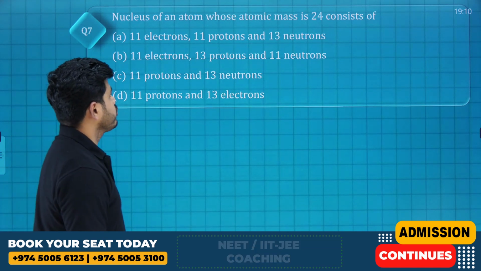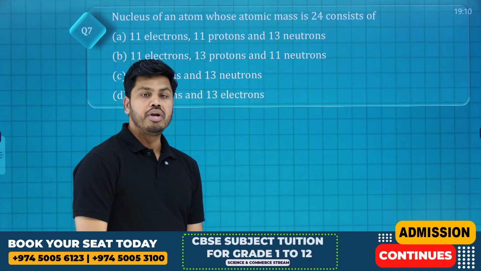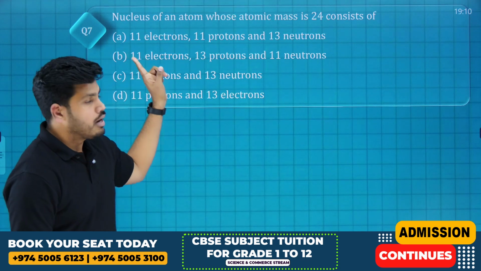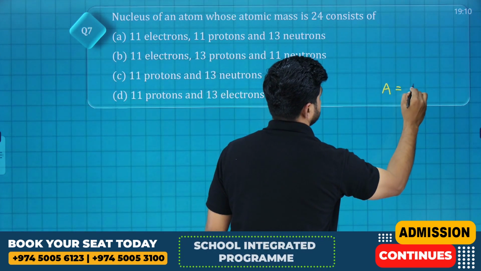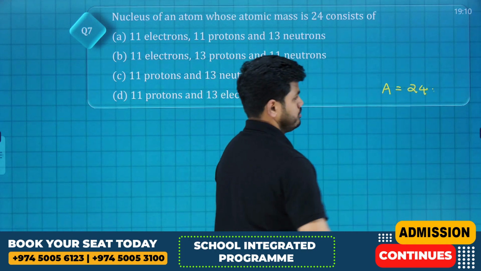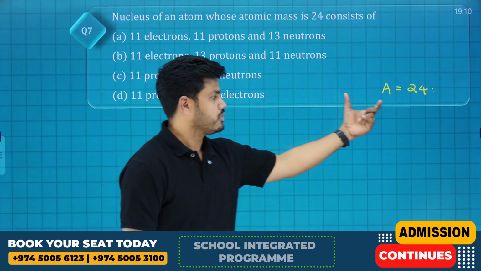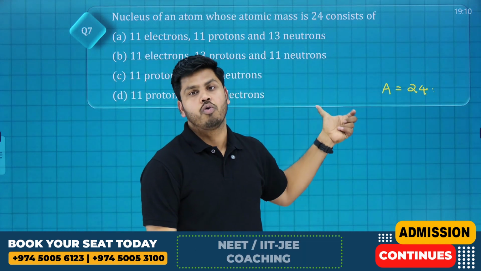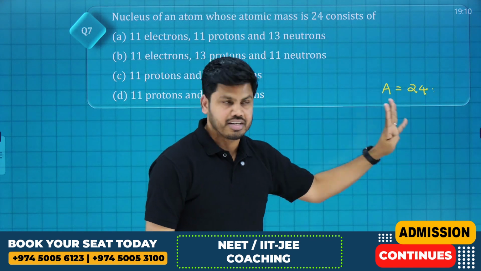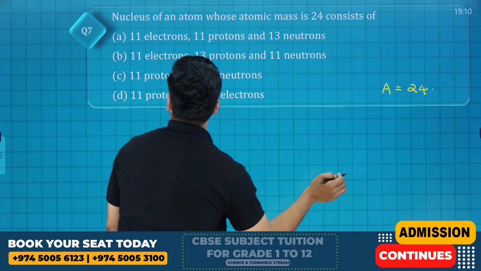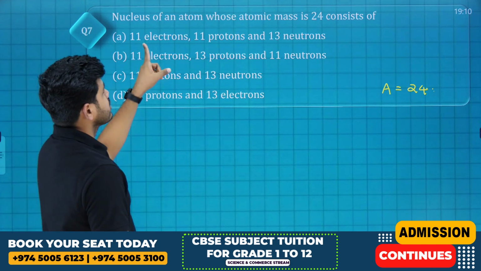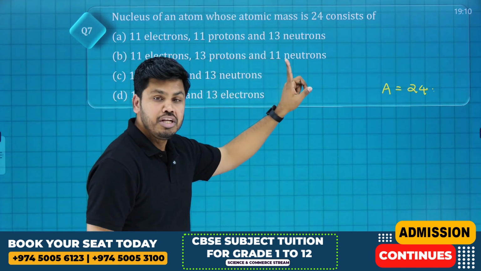Next one. Nucleus of an atom whose atomic mass is 24. See, the nucleus has an atomic mass or mass number 24. That is the given information about the nucleus, and you have been given 4 options. You have to choose the correct one. Okay, see, this one, we have option A, 11 electrons, 11 protons, and 13 neutrons.